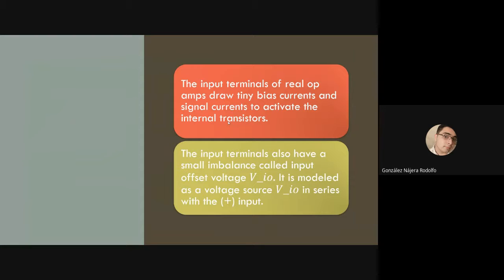The input terminals of real operational amplifiers draw tiny bias currents and signal currents to activate the internal transistors. The input terminals also have a small imbalance called input offset voltage, VIO. It is modeled as a voltage source, VIO, in series with the positive input.